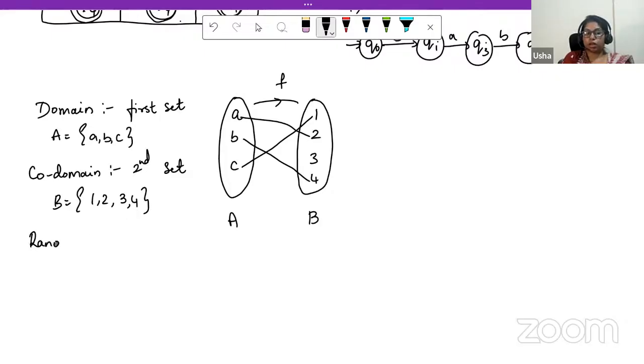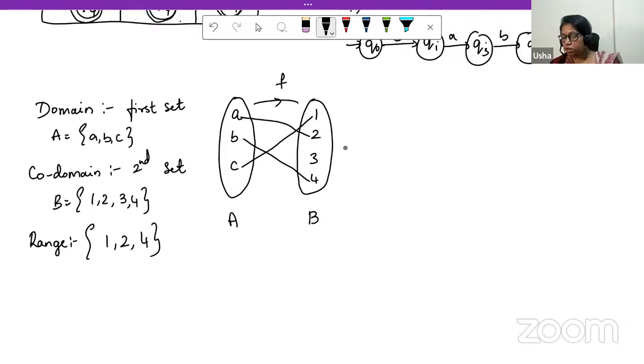Range means elements of the second set which are taking part in the function. See, in the second set, we have 1, 2, 3, 4. But all of them are not linked with the elements of the first set, right? Only 1, 2, and 4 are linked, 3 is not. So only those elements that are taking part in the function are called the range. So here the range is 1, 2, 4. 3 is not connected to anything, therefore 3 is not part of the range.